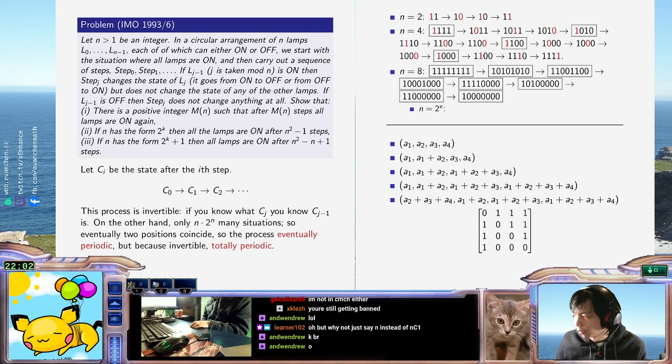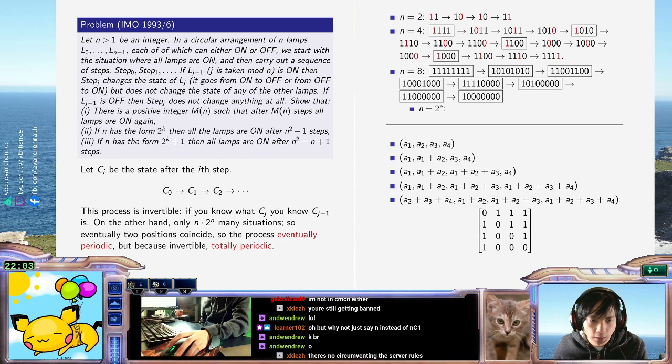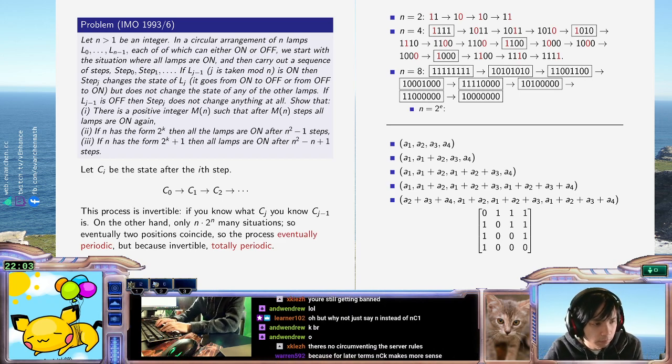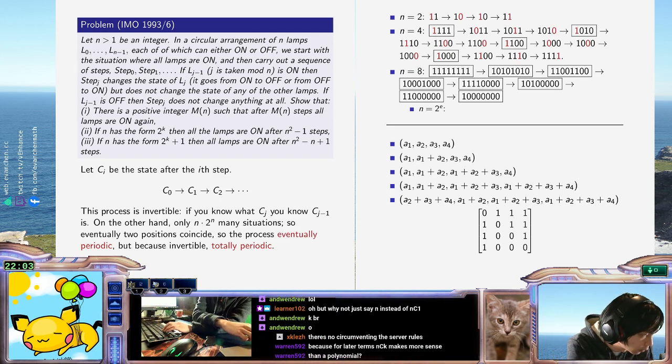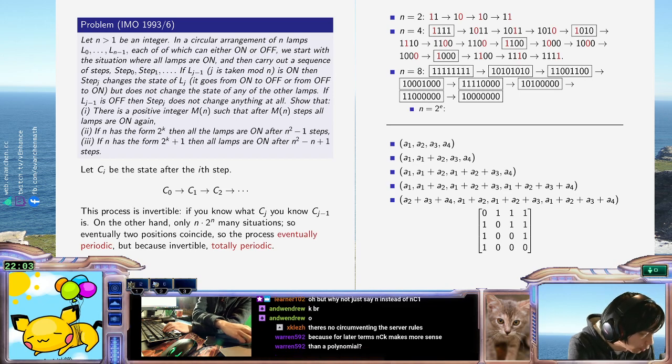I actually might write it out for 16. I'm gonna write it out for 16. The coefficients are n choose 1. Wait, what?